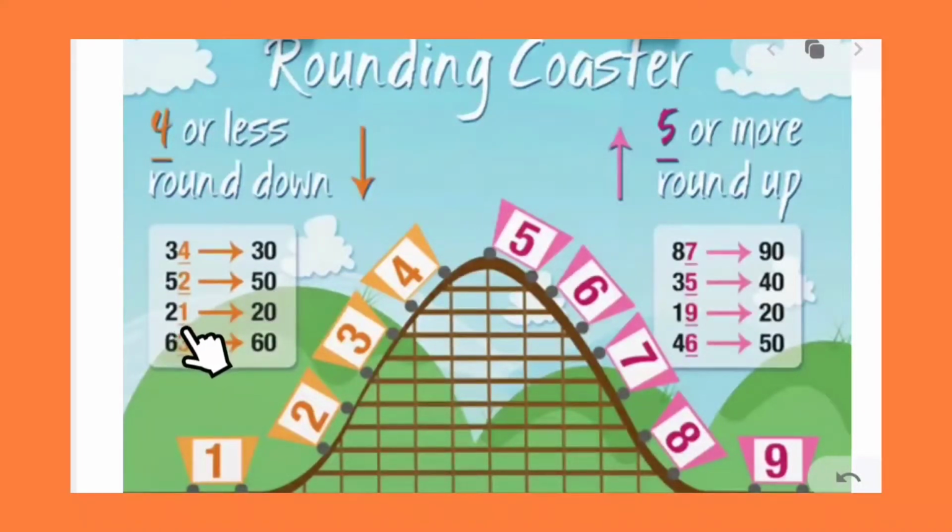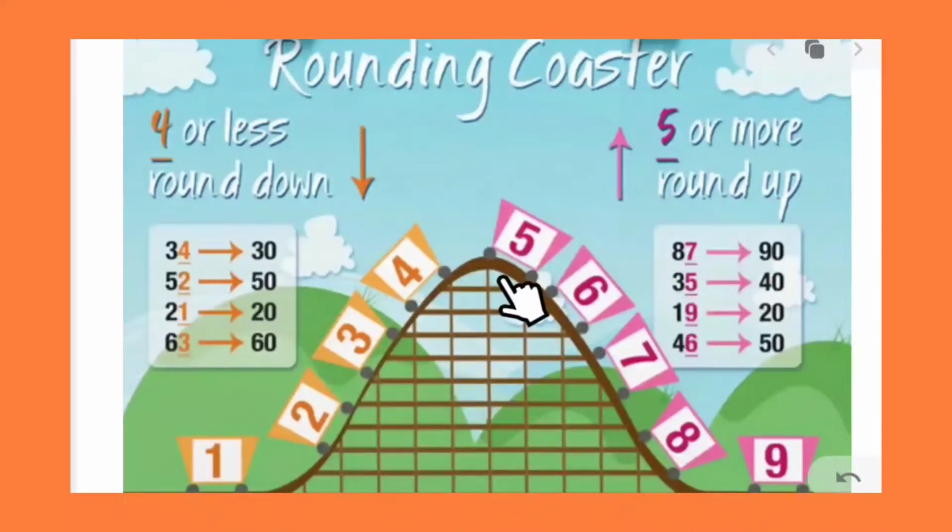Next, 21. 1 ending, so first group, we get 20. Next 63. 3 ending, tens place value 6 is here, adding 0 we get 60. So for numbers ending in 1, 2, 3, 4, we keep the tens digit and add 0 to get the estimation value.